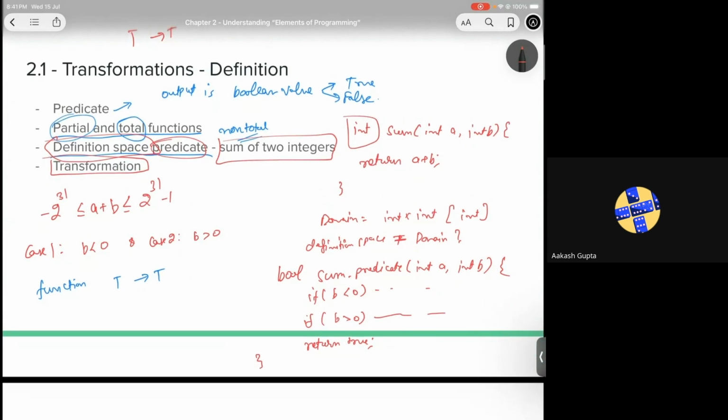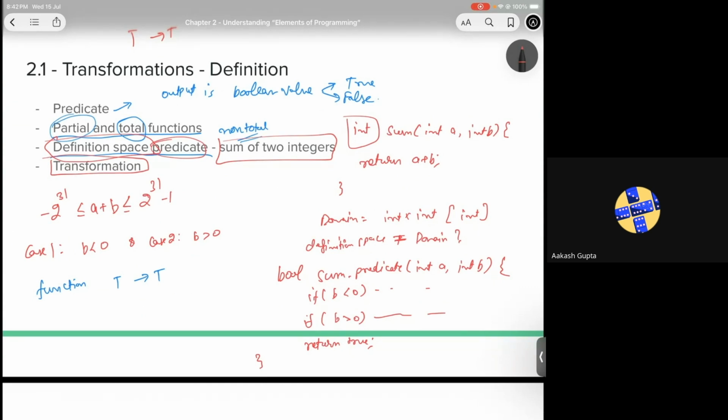And next we covered the definition space predicate, where the definition space predicate is defined on the same set of values as the domain of the function, but the definition space predicate is always defined. Basically, if our function is a partial function or non-total function, then it is possible that for some elements in the domain, the function is not defined. But the definition space predicate is defined for all possible values in the domain, and it returns true if we can call the function on the input values.